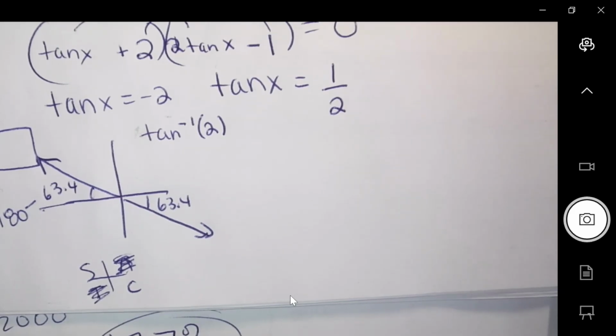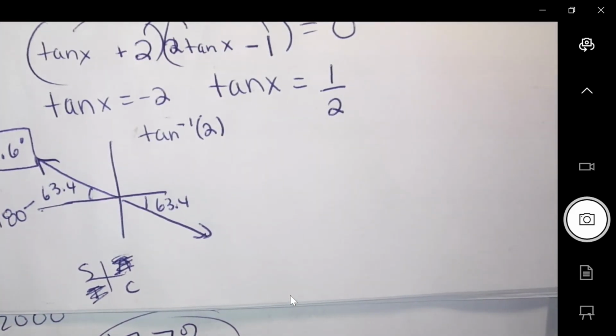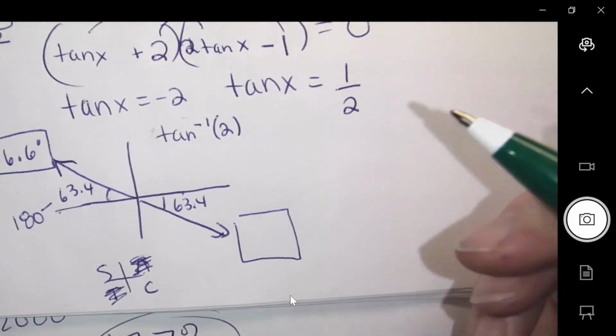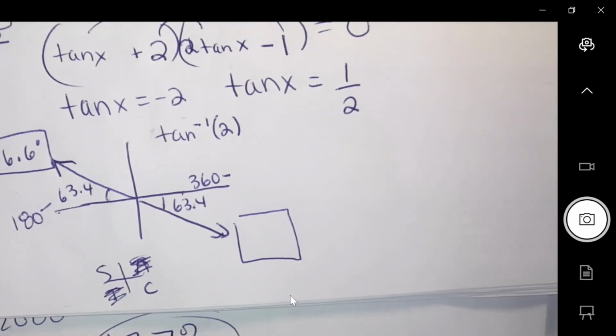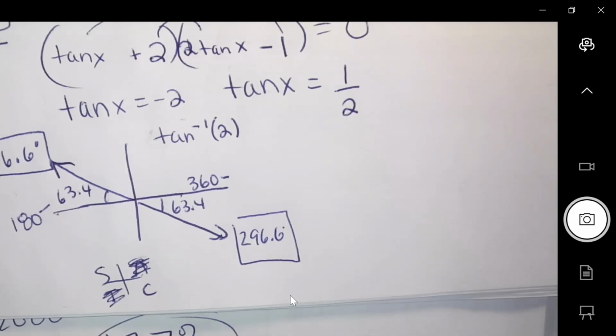We're that much smaller than 180. And what about this one in quadrant 4? We're smaller than 360. It's tan inverse of positive 2, not negative. Never do negatives in the math, put the negatives into the location of the trig.